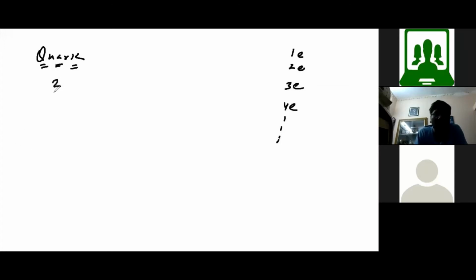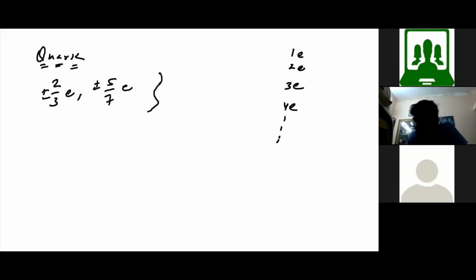That is 2 by 3 of the electron charge, plus minus. Plus minus 5 by 7 of the electron. These are the fractional values, not the integral values.